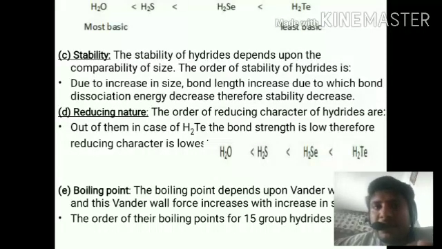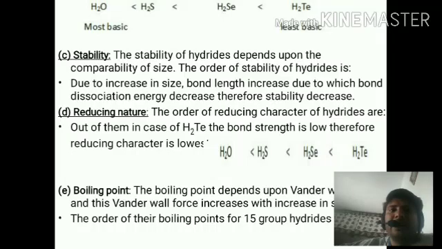Now stability. What is the meaning of stability? The stability of the hydride depends upon the size. Moving from top to bottom, the size of the hydride increases, so the bond dissociation energy decreases and the stability also decreases.